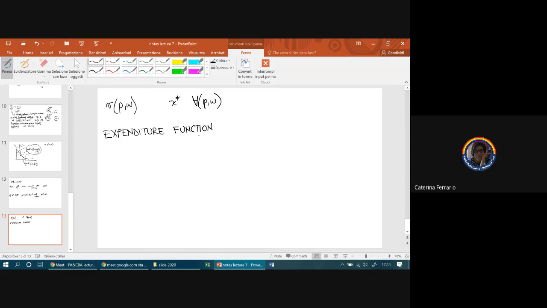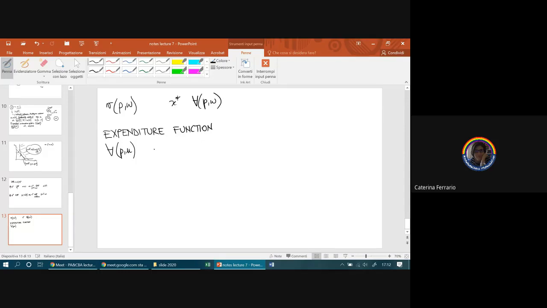The expenditure function, for any price and utility situation, is the set of minimum expenditure levels in the expenditure minimization problem for each price and utility level.